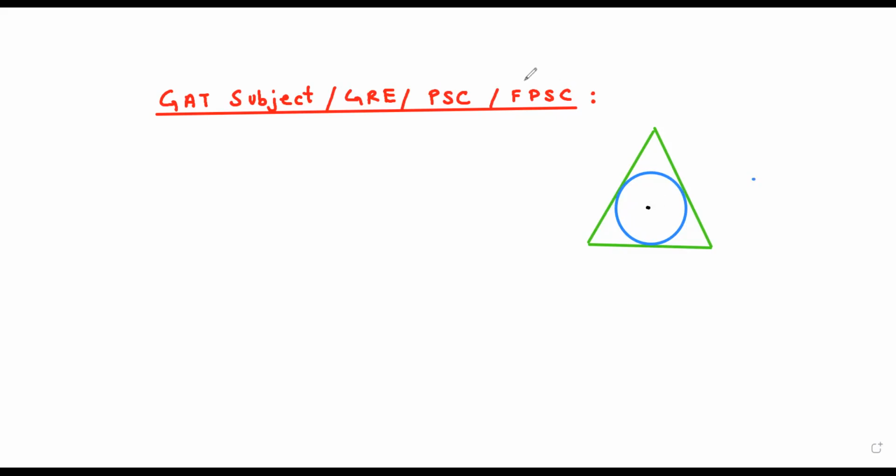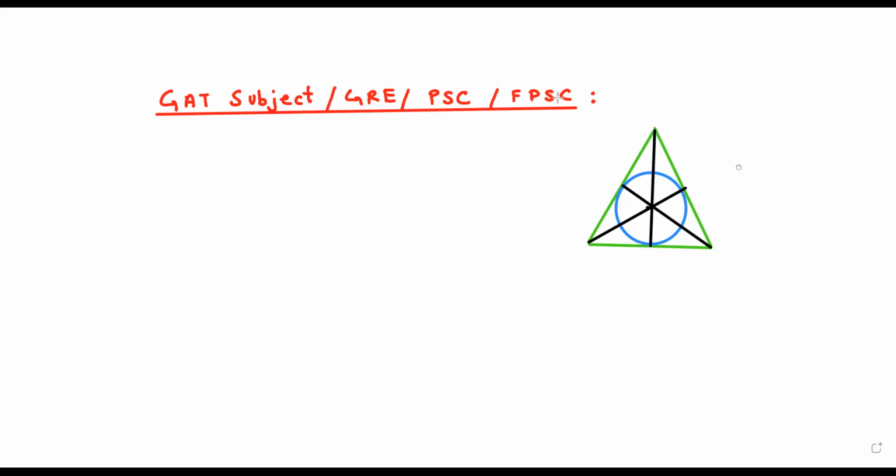This is the origin of this circle and the center of the triangle. Now we will draw the line from this angle.